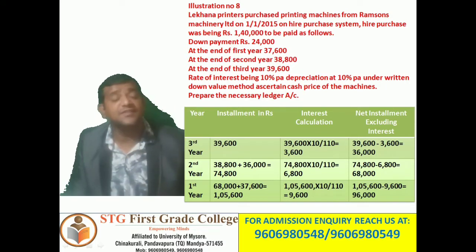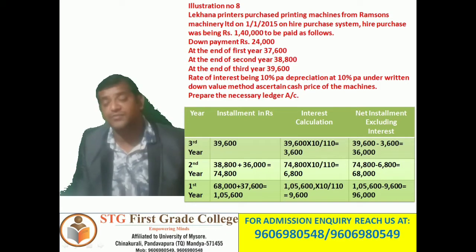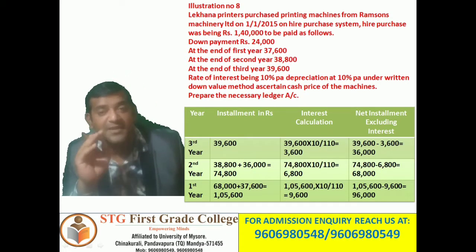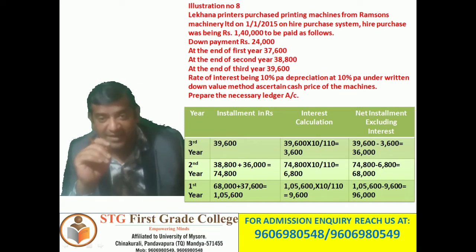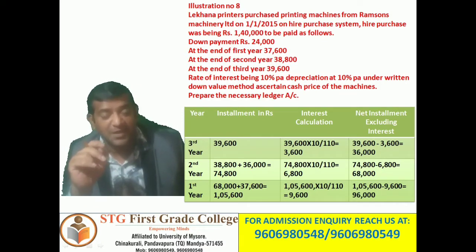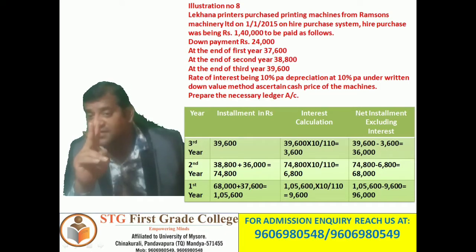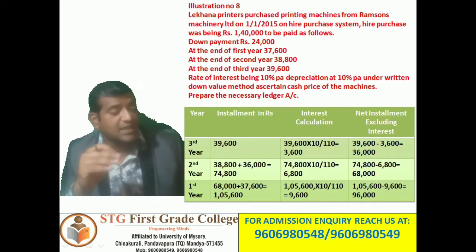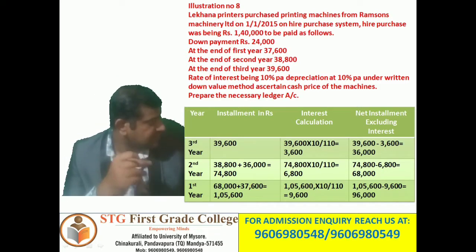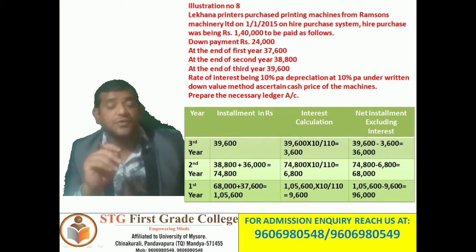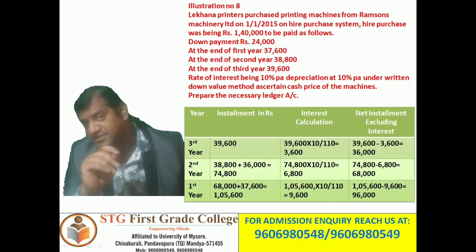Next, the first year installment we are supposed to calculate. How much is the first year installment payable? 37,600. Correct? And what was the second year net installment payable excluding interest? 68,000. So in the first year, 68,000 plus 37,600, the total comes to 1,05,600.